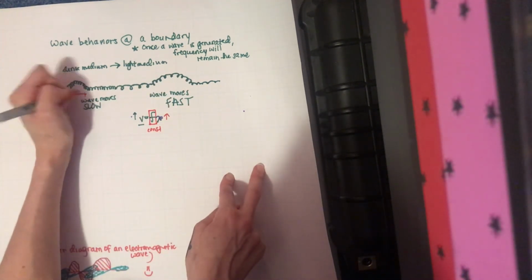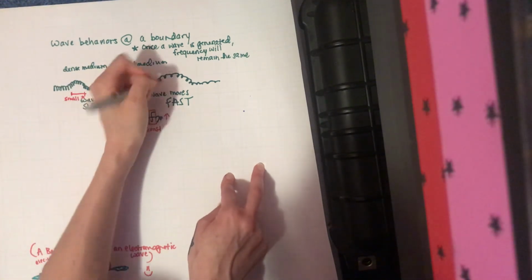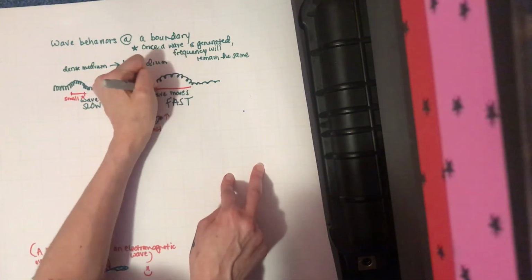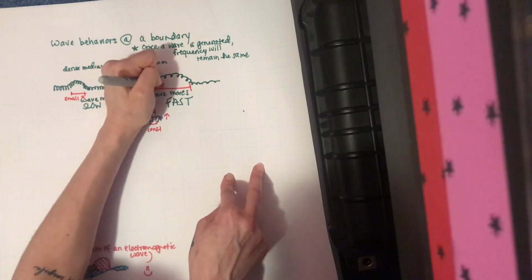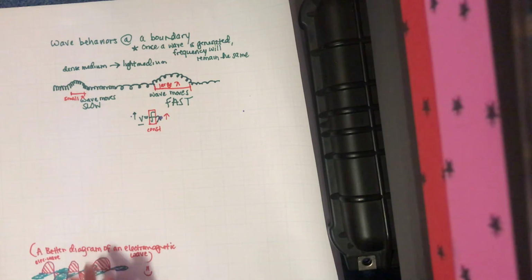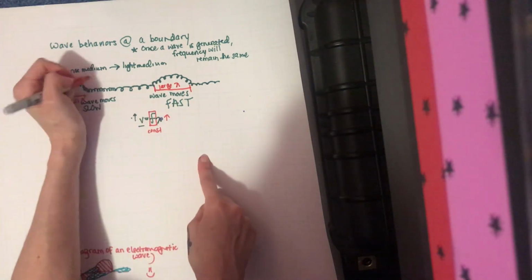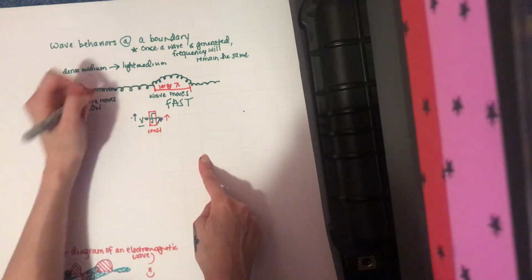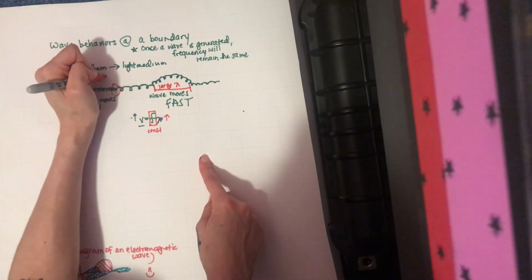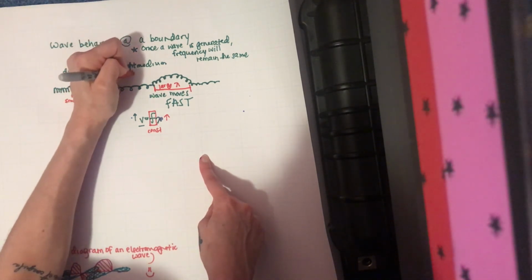So here we have a small lambda, small wavelength. Here we have a large lambda. Now, one of the other things I want to point out is that when it passes this boundary, because it's going from dense to light, this will be sensed as a loose end.